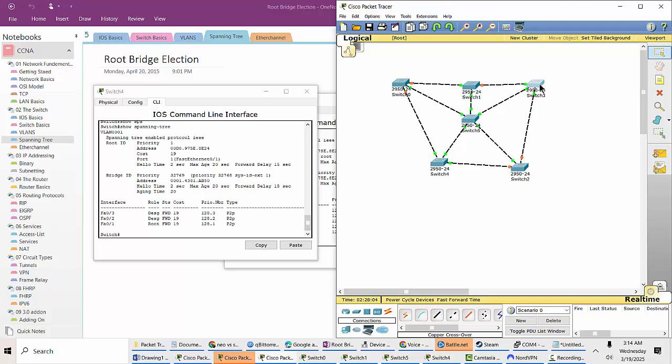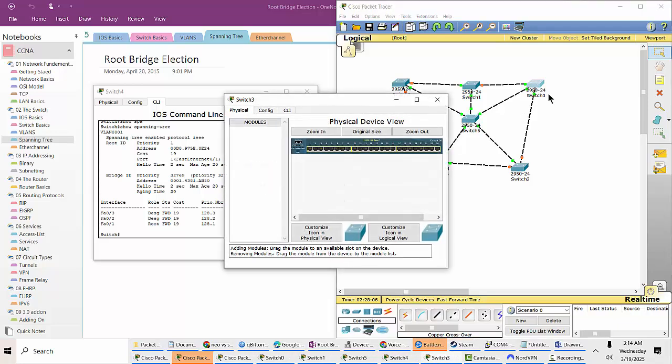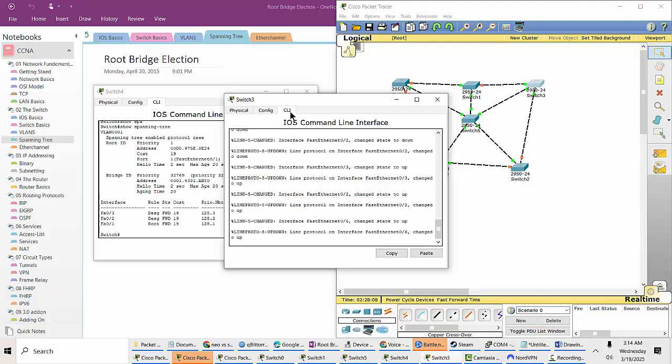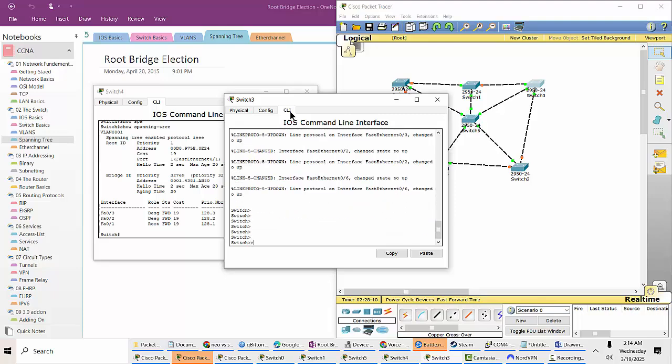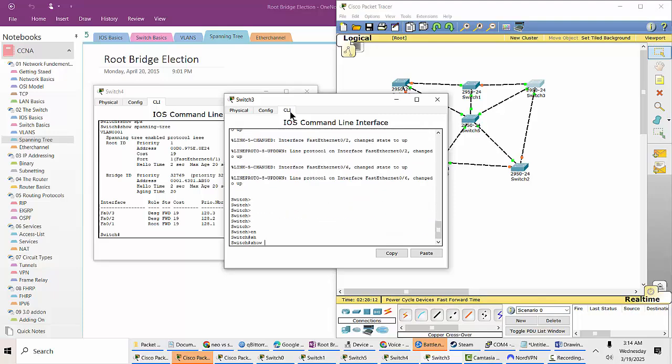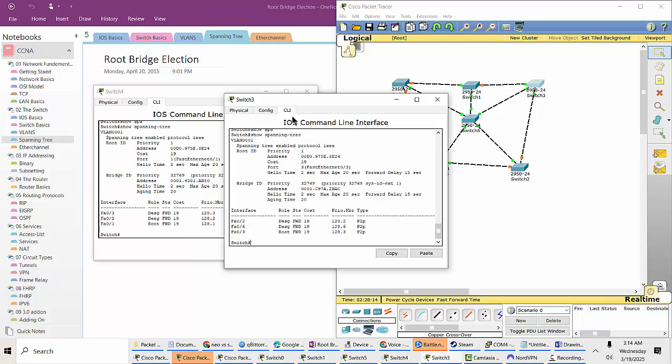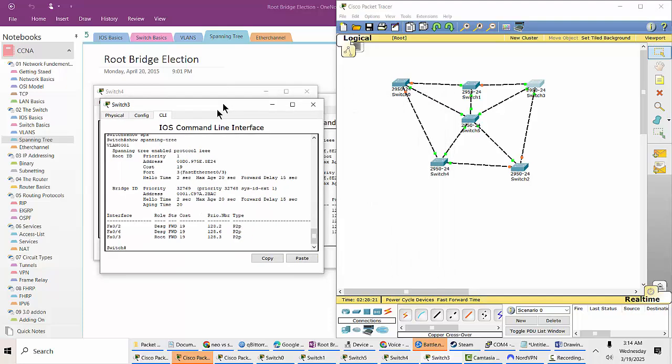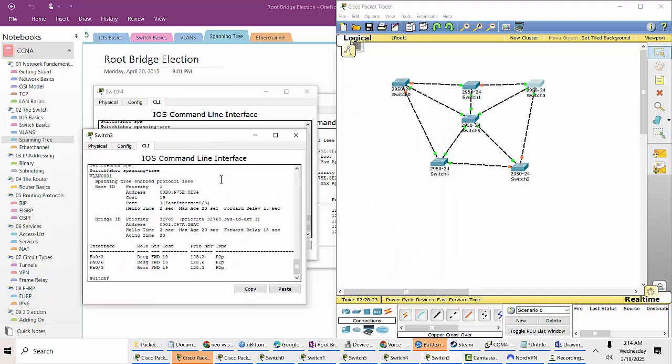Let's take a look at this one, all the way up here in the corner. Bam, root port. Let's see what we got here. We got a designated port as a role and a root port as a role. Obviously, those are always going to be in forwarding status.